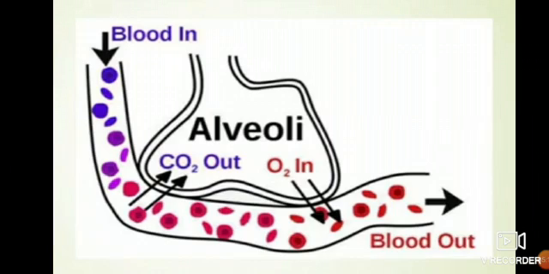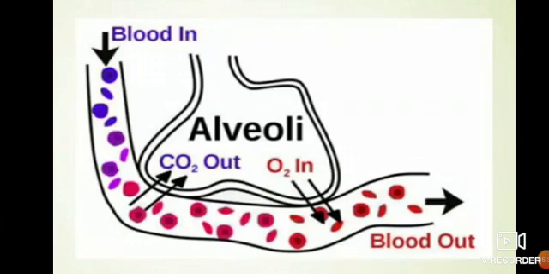So this carbon dioxide gas is very harmful for our body, which we do not need. We need only oxygen. So what happens? What is this alveoli doing? They take in the oxygen and give out carbon dioxide.